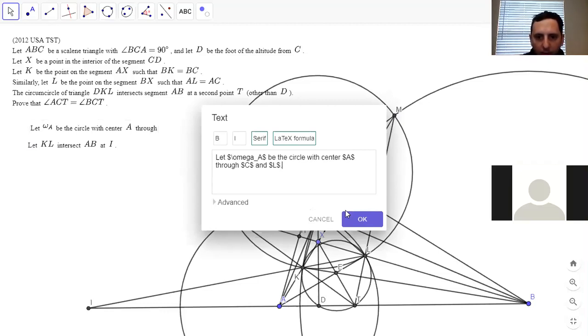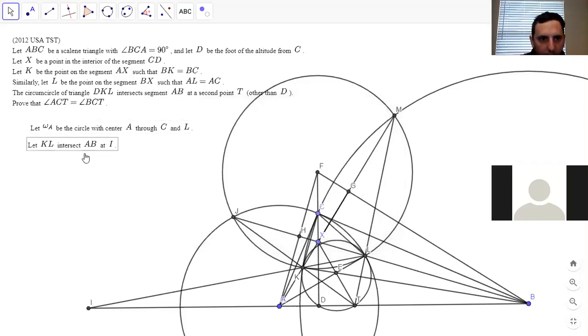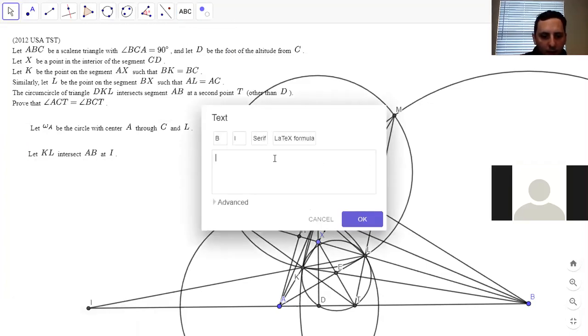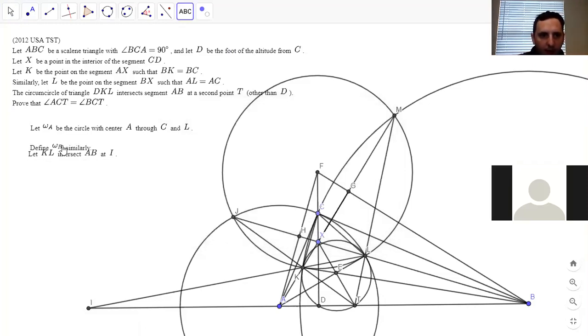I think we've solved it. Hold on just a sec. And then define omega B similarly. We need to show I, J, and M are collinear.